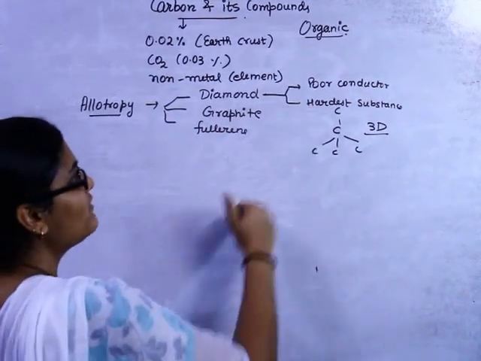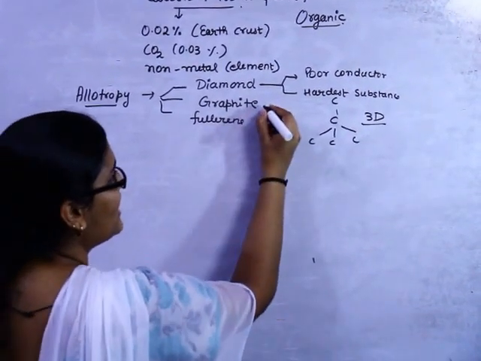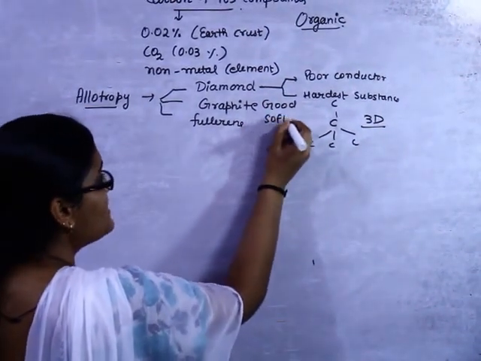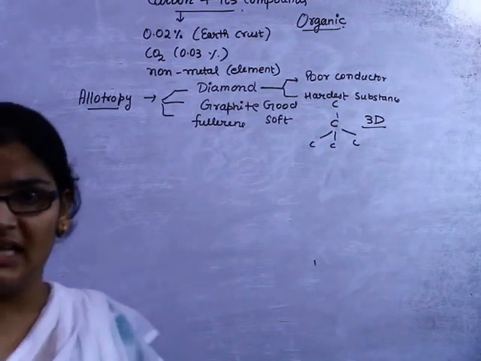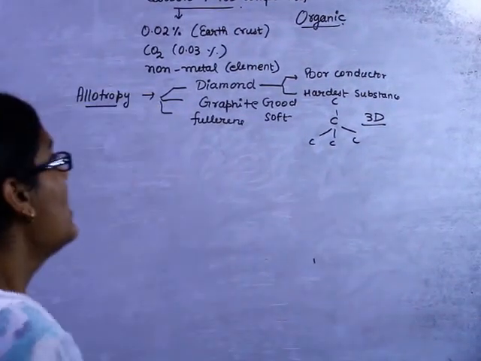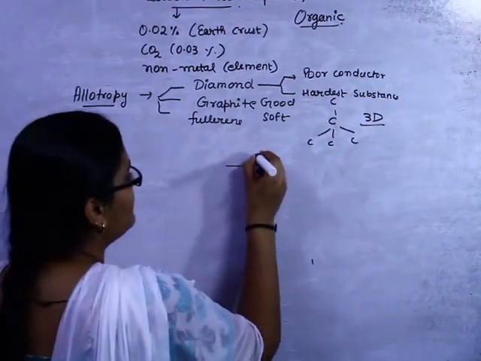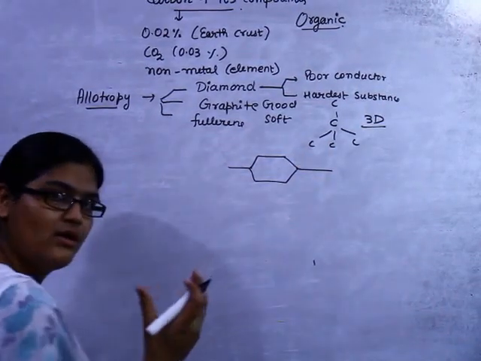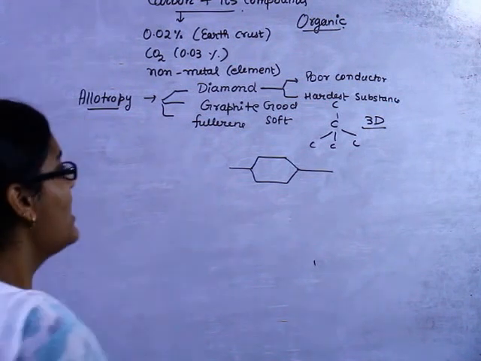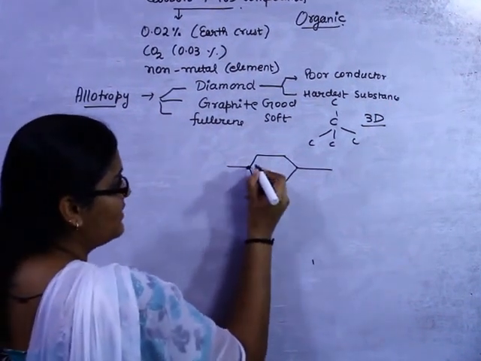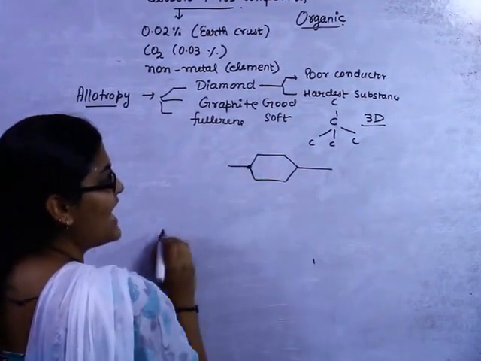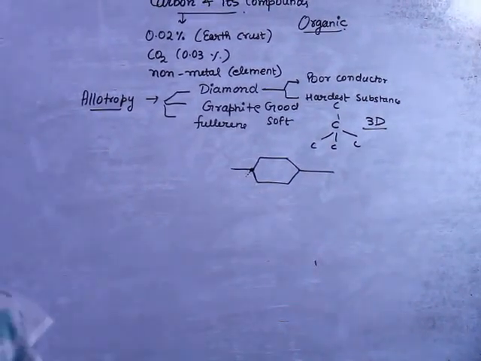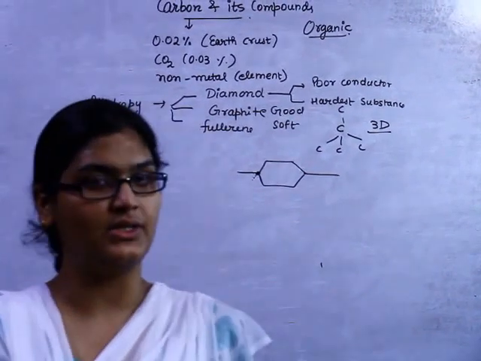In contrast, graphite is a good conductor as well as a soft substance. And the reason behind that is that in graphite there is a hexagonal array which is a layered structure. That is, each carbon atom combines with 3 other carbon atoms, and for each carbon atom 1 valency is free to move to conduct electricity.